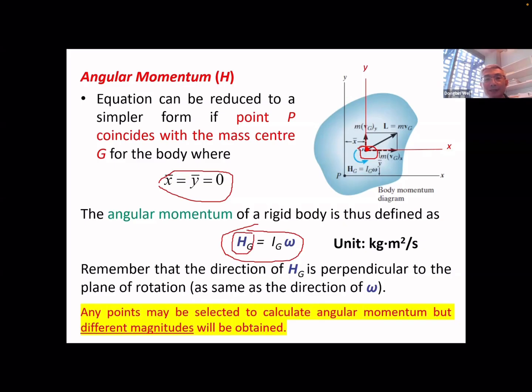The SI unit is now kilogram meter square per second. For linear momentum, it is kilogram meter per second. For angular momentum, it is kilogram meter square per second. So be careful with this SI unit. Okay.